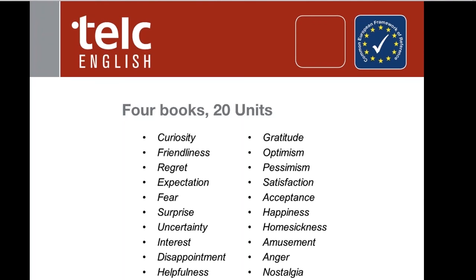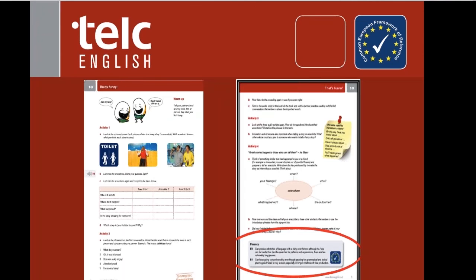You can use all four skills for the same unit. You can look at regret and do reading, writing, listening, and speaking for regret, or if your students need more practice with listening, you could focus on listening sections from the different units. So as I said, flexibility is key. This is the idea behind the books.